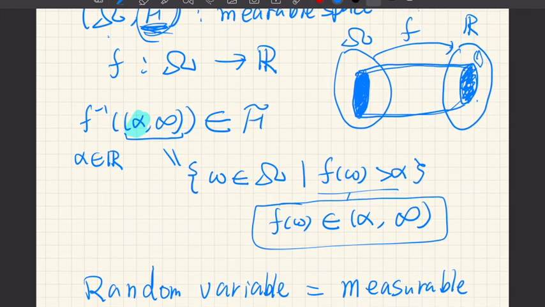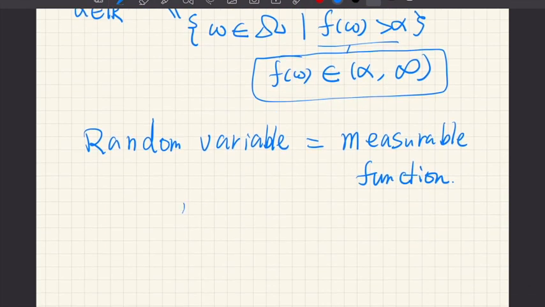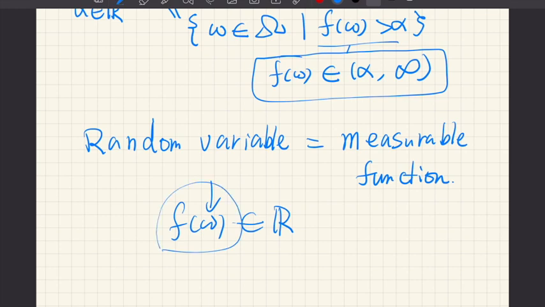So, we don't define randomness, but we can assume that we can pick any random elements here. Then we calculate the value of this function for any outcome in the sample space. Then this will give you some real number value, so that looks like it's varying randomly. So this is random variable.